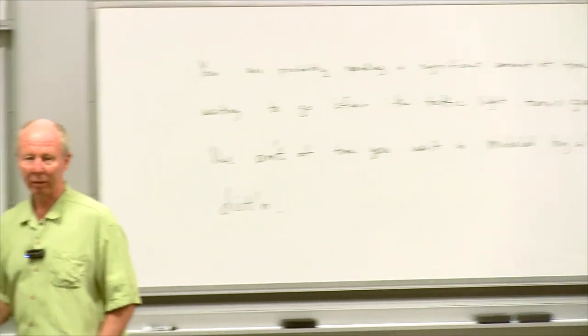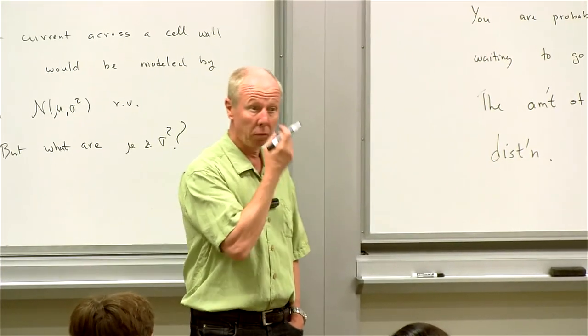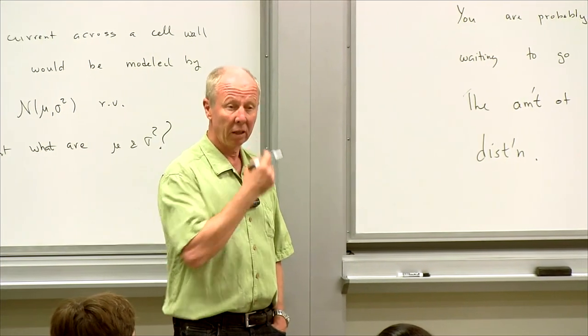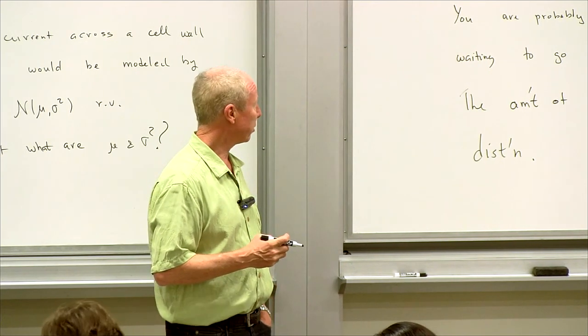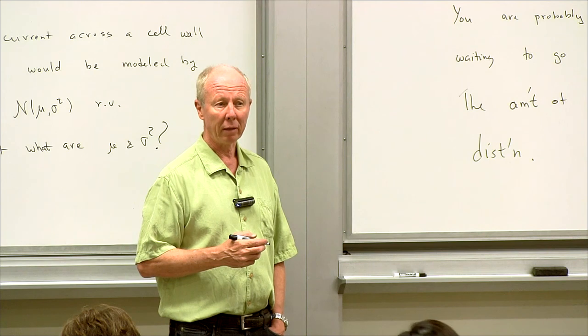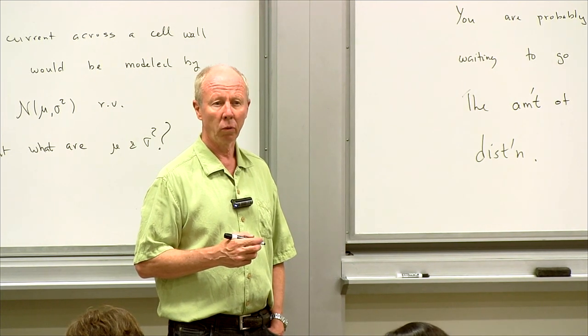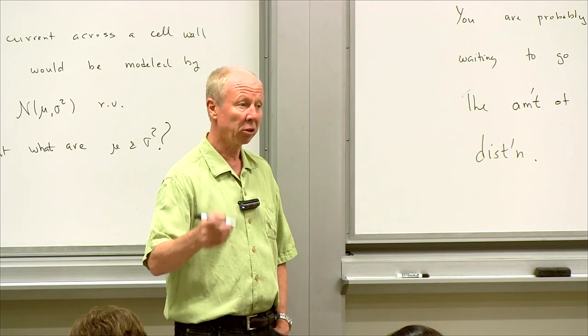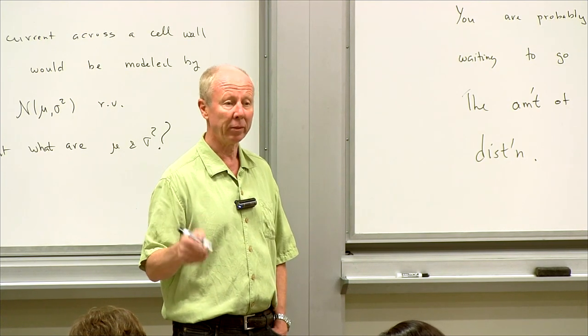And this is a gamma random variable. There are reasons to model this as a gamma random variable. How do gamma random variables arise? One way is as a sum of independent exponential random variables.